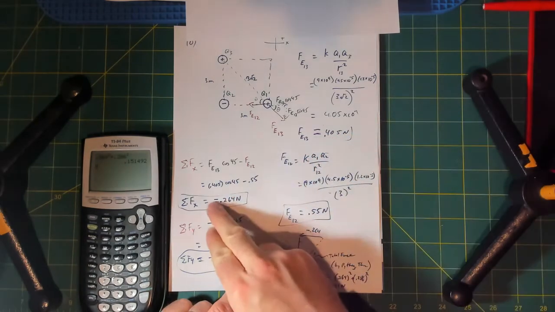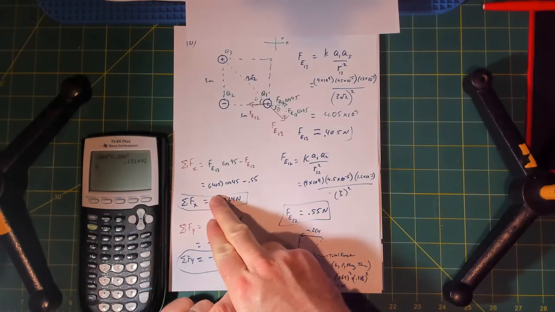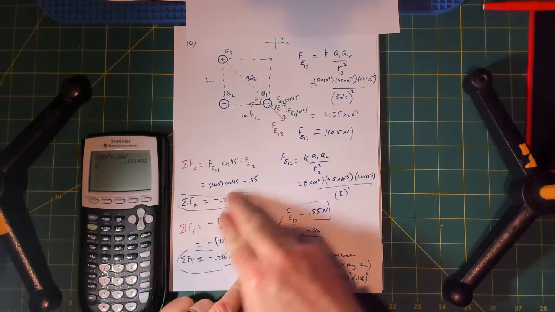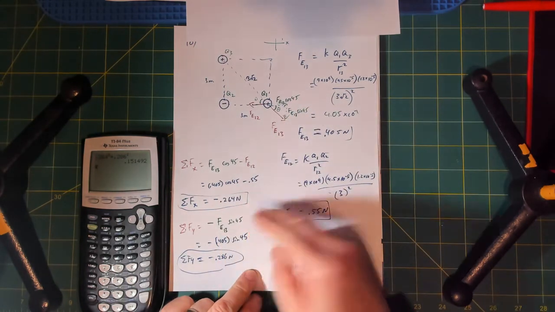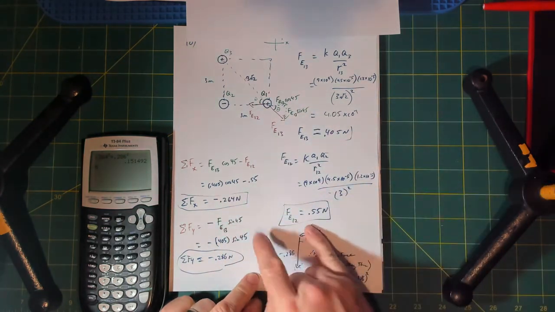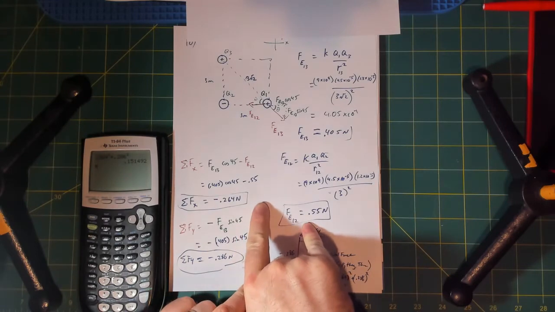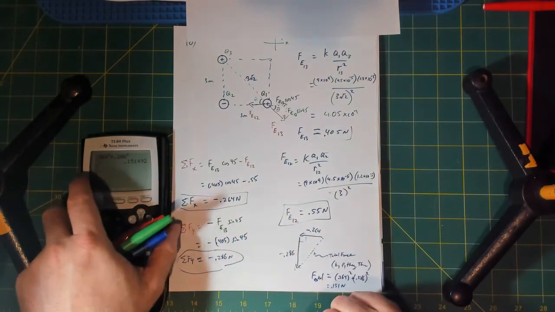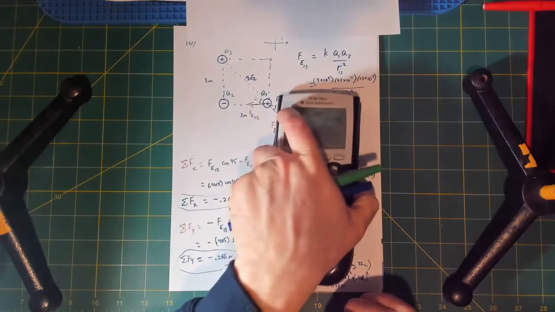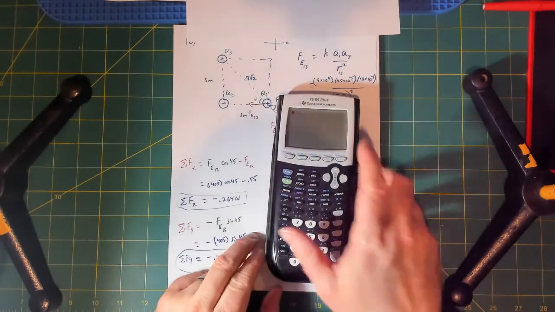Then when I do this, I'm doing my Fe13 times cosine 45, yep, minus Fe12, which is 0.55. That makes sense to me, right?